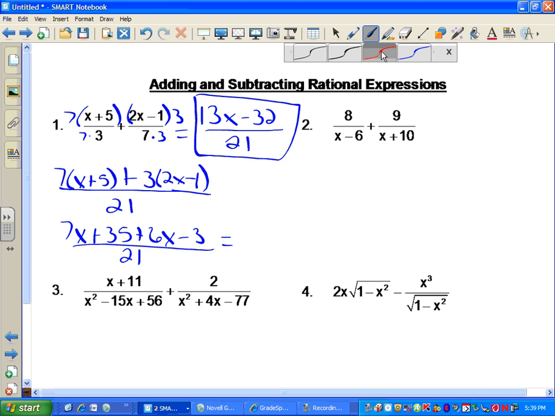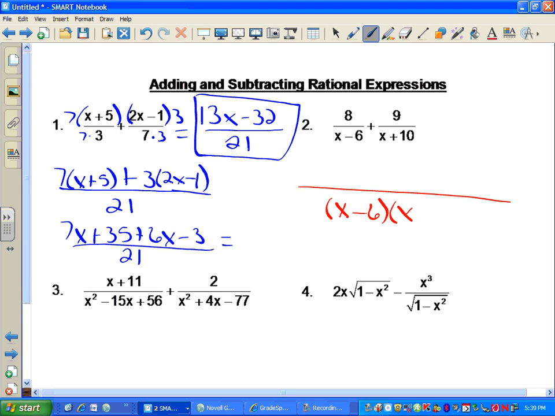Number 2, the common denominator is a little bit harder. Not much, though. The common denominator would be both an x minus 6 and an x plus 10. In the first fraction, since I had the x minus 6, I need an x plus 10 on top and bottom.